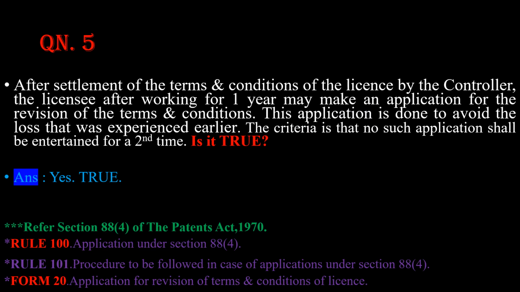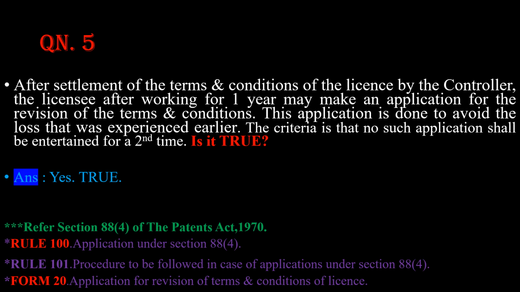Question number 5. After settlement of the terms and conditions of the license by the controller, the licensee, after working for 1 year, may make an application for the revision of the terms and conditions. This application is done to avoid the loss that was experienced earlier. The criteria is that no such application shall be entertained for a second time.